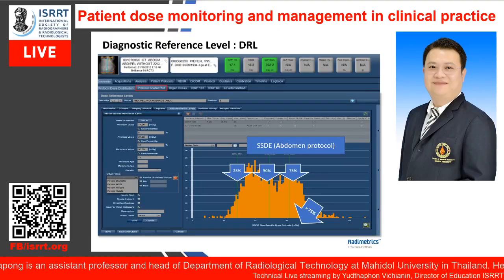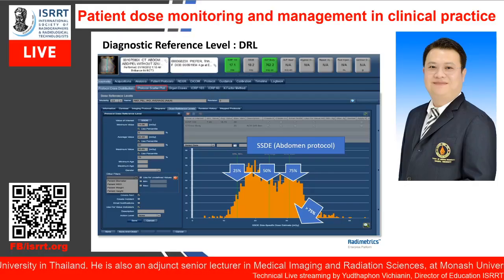And for DRL, diagnostic reference level, there are different types of DRL. We have national DRL, regional DRL, and we can even have an institutional DRL if we are big enough. But the point is, your national DRL is the plot of those metrics.